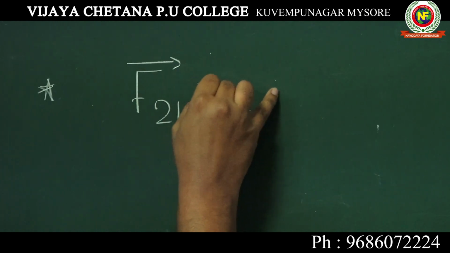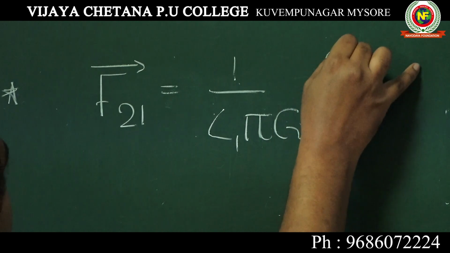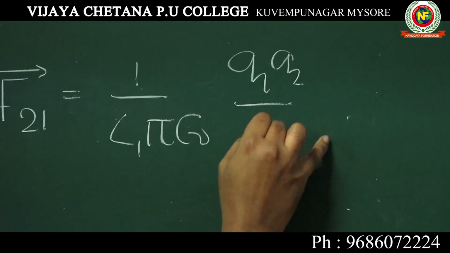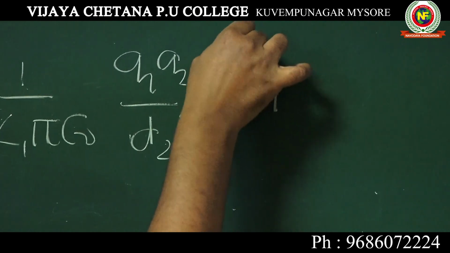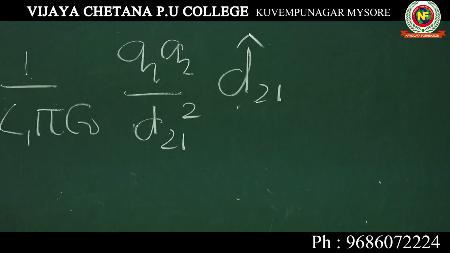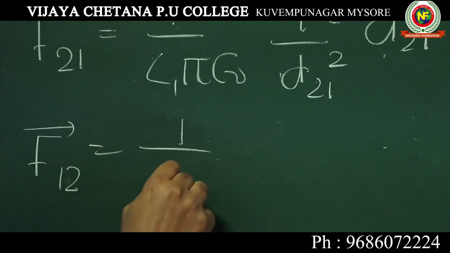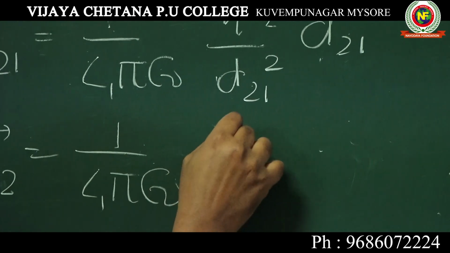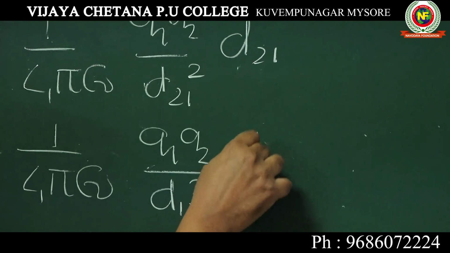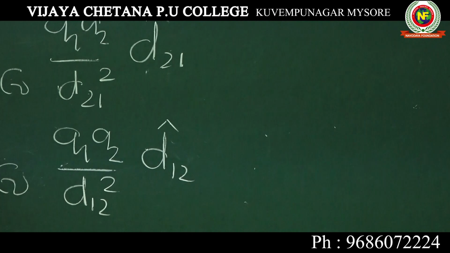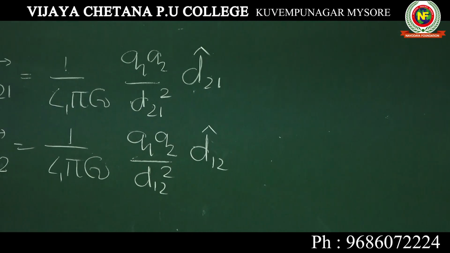F21 vector was what? 1 by 4 pi epsilon naught Q1 Q2 by D21 square D21 cap. We got that, right? In the same way, F12 came: it was 1 by 4 pi epsilon naught Q1 Q2 by D12 square D12 cap. Now if you look at these two, you can understand one thing.